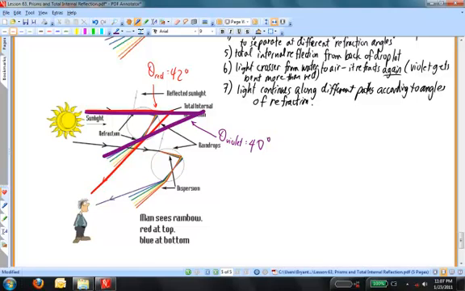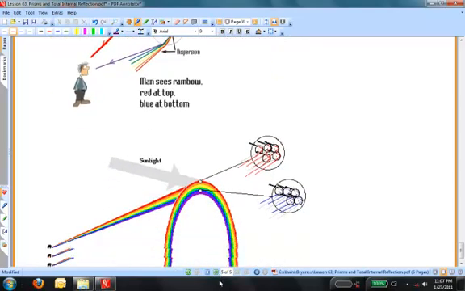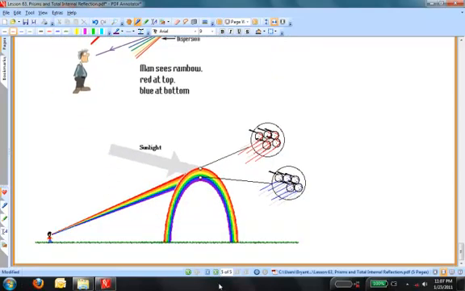The arc results because there are a collection of suspended droplets in the atmosphere that are capable of concentrating the dispersed light at angles of deviation of 40 to 42 degrees relative to the original path of the sunlight. These droplets actually form a circular arc, with each droplet within the arc dispersing light and reflecting it back towards the observer.